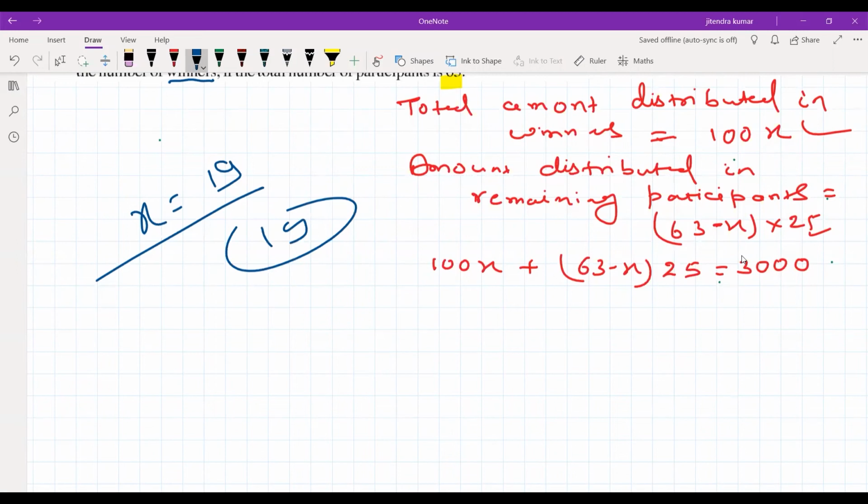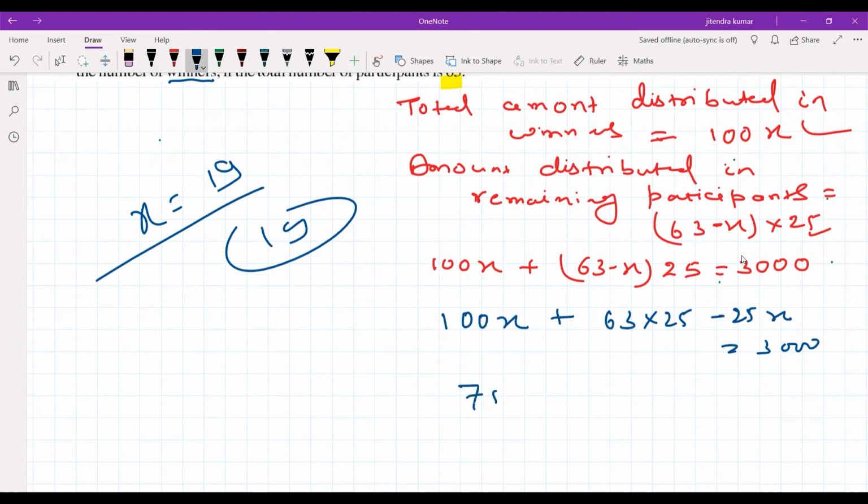Okay, so if we solve this, we will have 100x plus 63 into 25 minus 25x, that is equal to 3000.